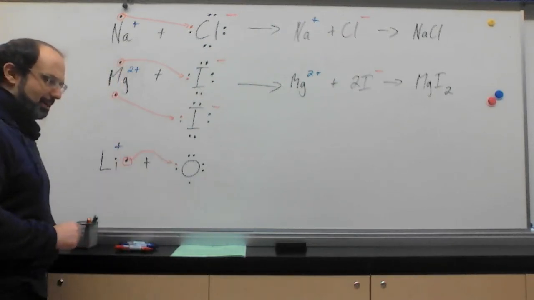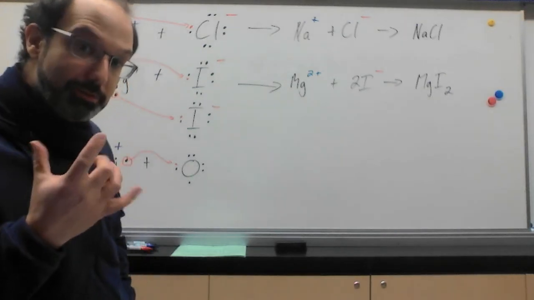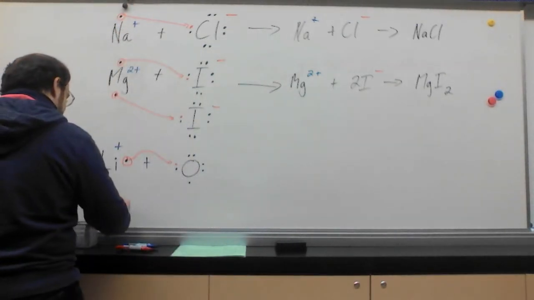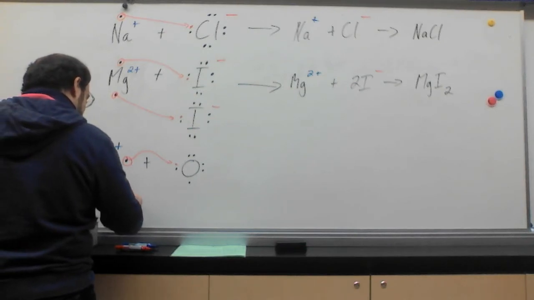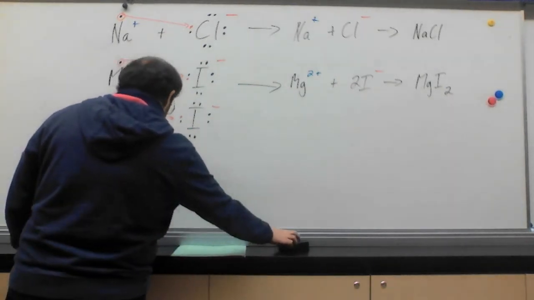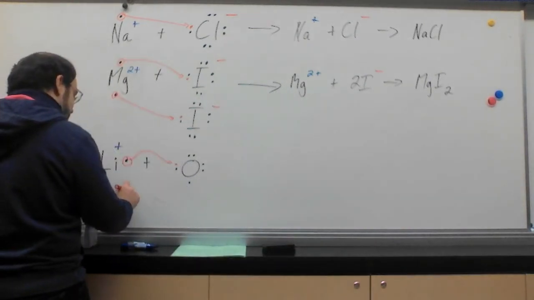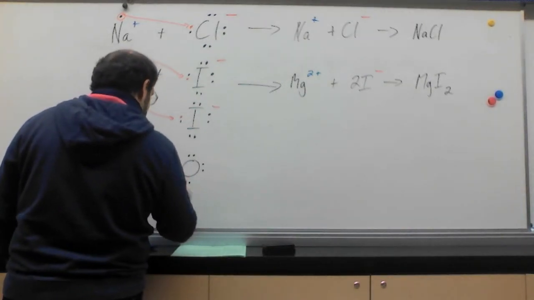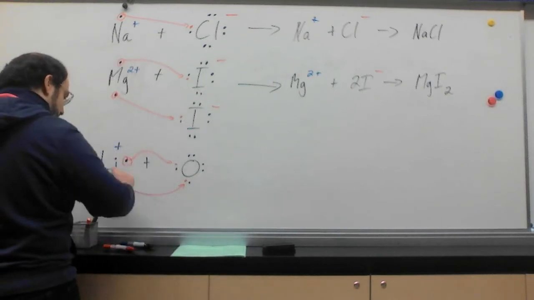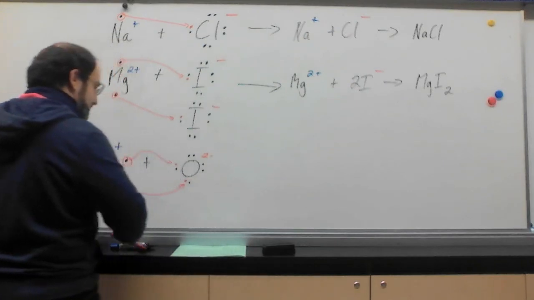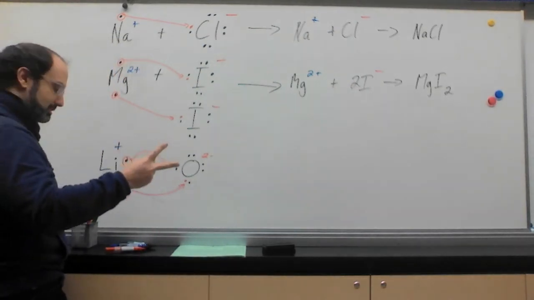But the oxygen's not happy. The oxygen is still hungry for more. So what's going to happen is it's going to find another lithium, and it is going to take that lithium's electron as well, making it so the lithium becomes another positive, and the oxygen becomes 2 negative because it has gained 2 electrons.